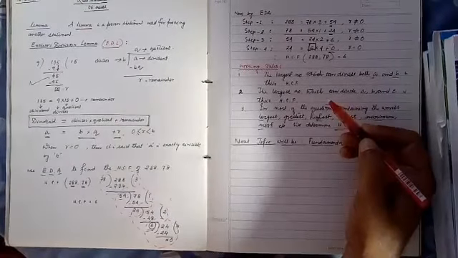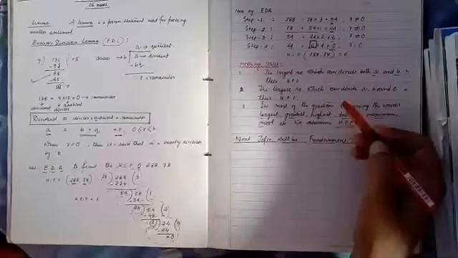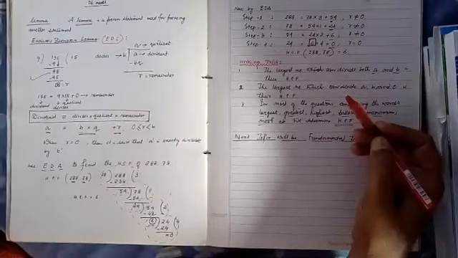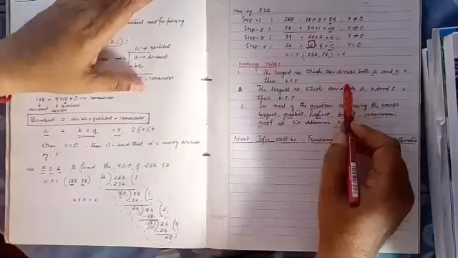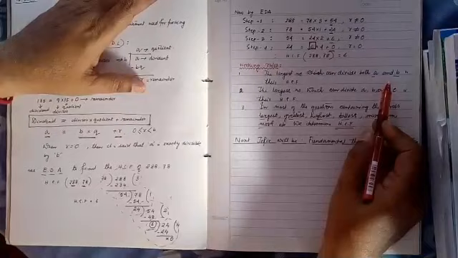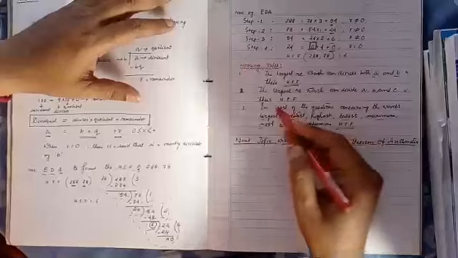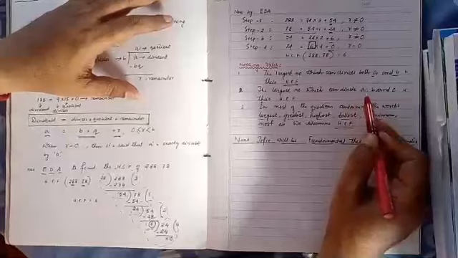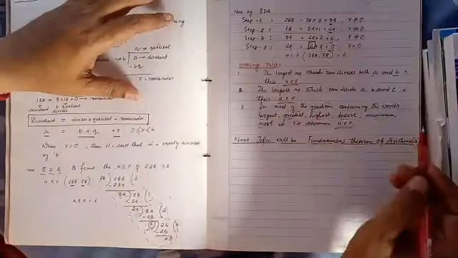Now working rules applicable to word problems on HCF. What will you do? Step 1, first, the largest number which can divide both A and B is their HCF. Second, the largest number which can divide, say, A, B and C is their HCF. Here we have taken more than 2 numbers.